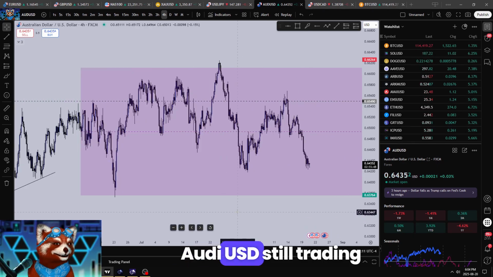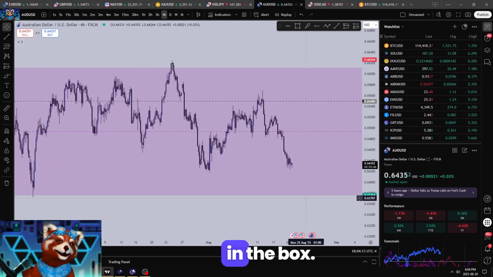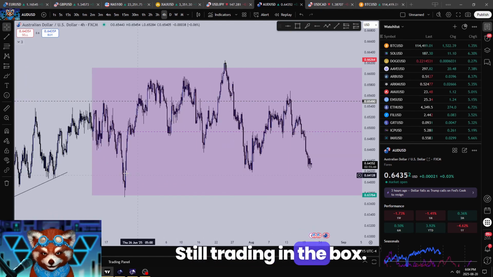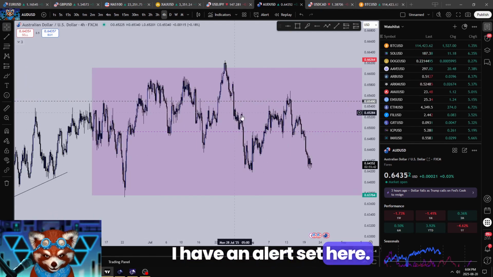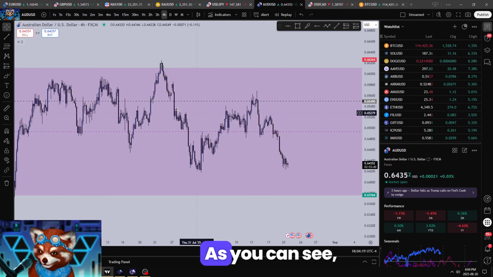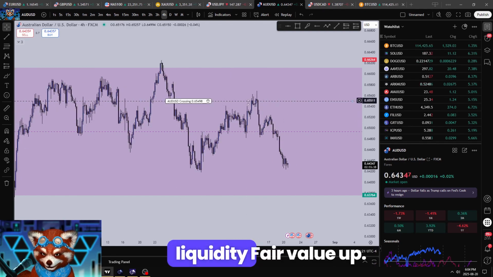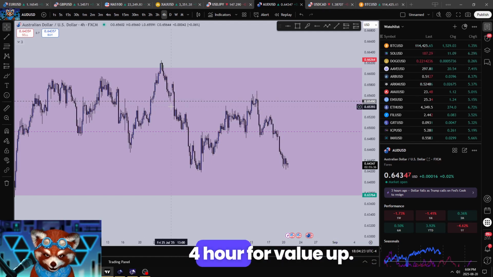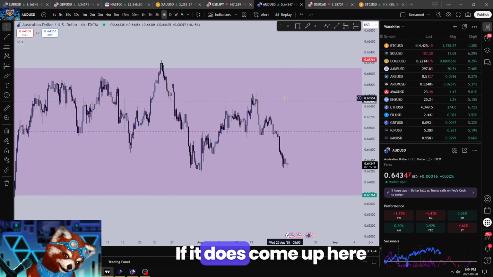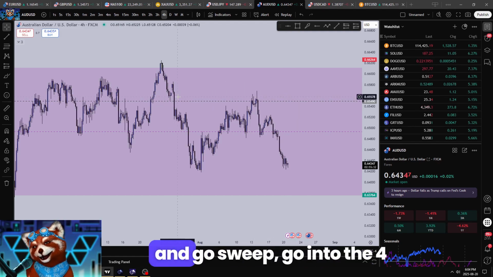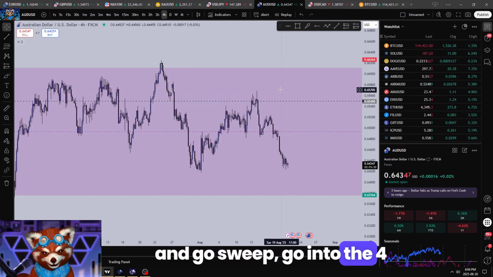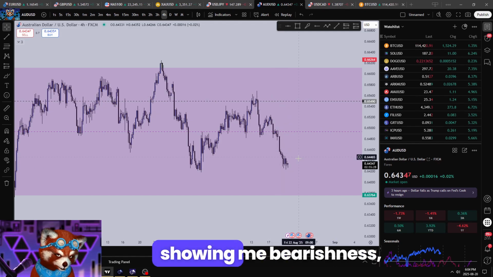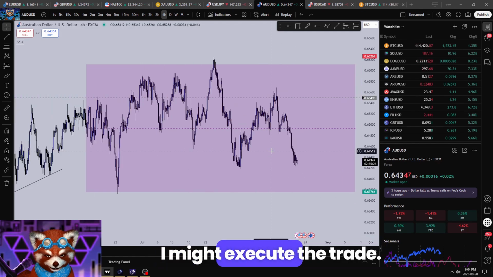AUD USD still trading in the box. I have an alert set here. As you can see, liquidity, fair value gap, 4-hour fair value gap. If it does come up here and sweep, go into the 4-hour fair value gap and start showing me bearishness, I might execute the trade.